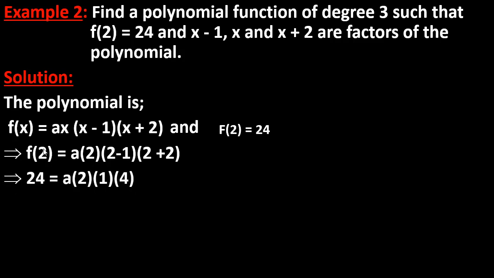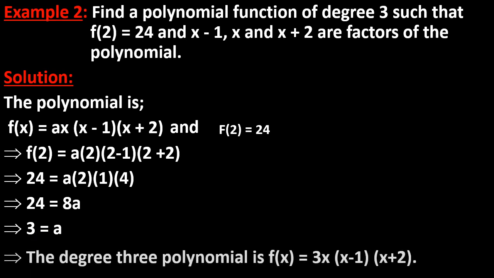We multiply a with 2, and the difference of 2 and 1 is 1, and the sum of 2 and 2 is 4. So we will have 24 is equal to 8a. Then dividing both sides by 8, we get the value of a is just 3.